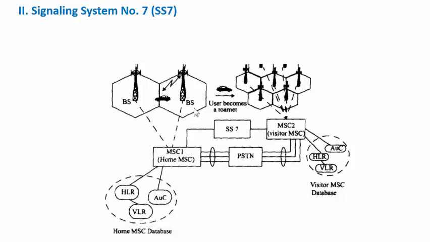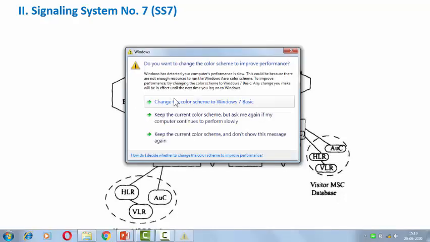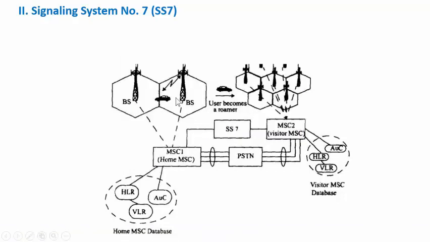and these MSCs are connected to BSS, and again BSS are connected to the BTS. Here we can see the two hexagonal shapes, two BTS are available, and one mobile station is changing its location from one base station coverage area to another. Here the mobile phone is changing its location in the home area, and its whole information we are getting in the home MSC database.